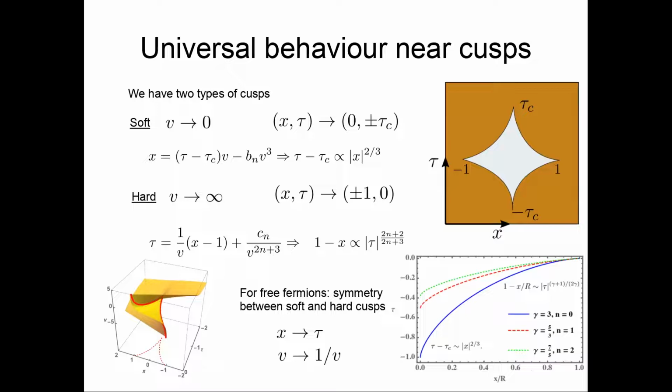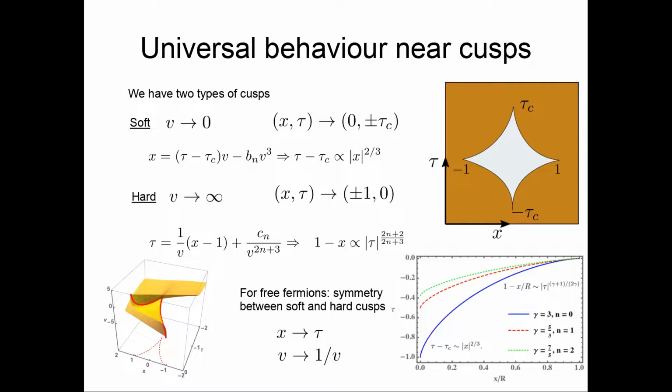In this case, the universal behavior of the right-hand side can be simplified, and it follows the standard curve, which can be written as a cubic parabola with a linear term which is changing, and therefore the maximum and minimum coalesce at tau equals tau c, and that leads to the standard power law of 2/3 or 3/2 as you wish.